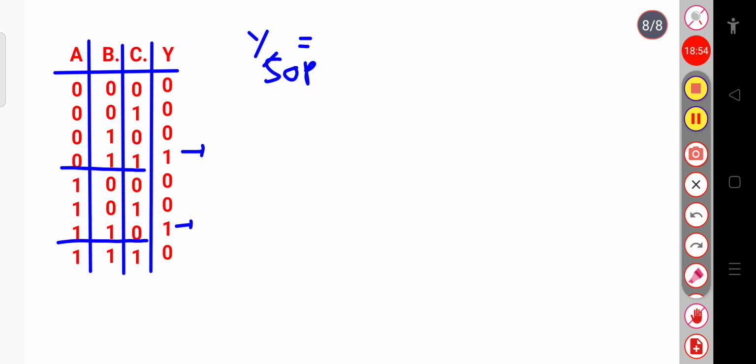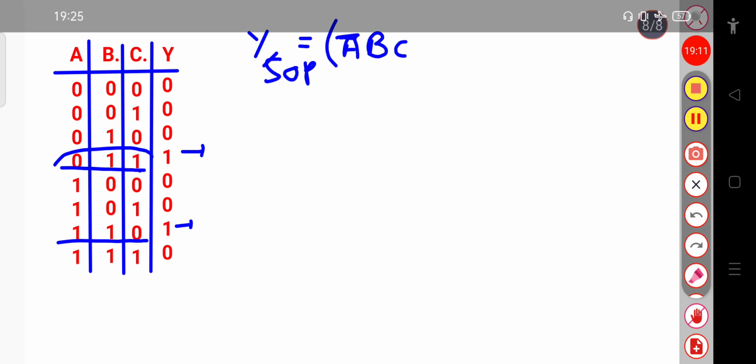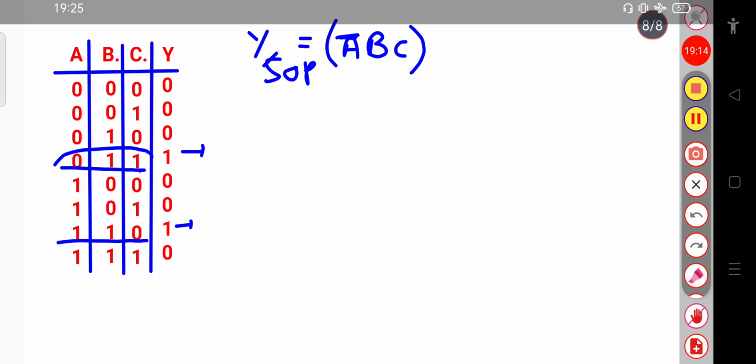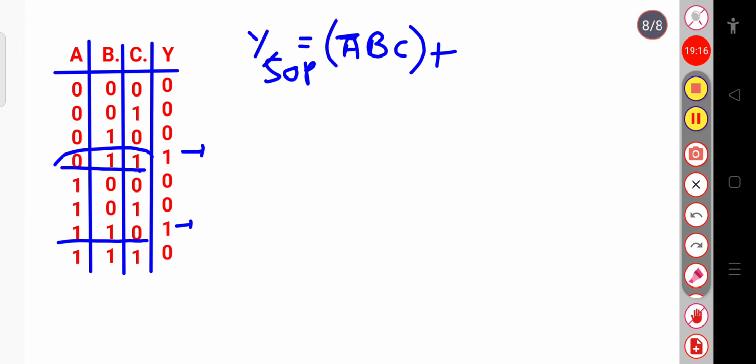Here for A, this is 0, so this will be A bar, and B is 1, so you have to write B, and for C it is also 1, so simply C, it is A bar B C. This is the sum of products, so this will be a sum, and again this term is also available, so for A it is 1, so you have to write A, and for B it is also 1, you have to write B, and for C it is 0, that is why this will be C bar.